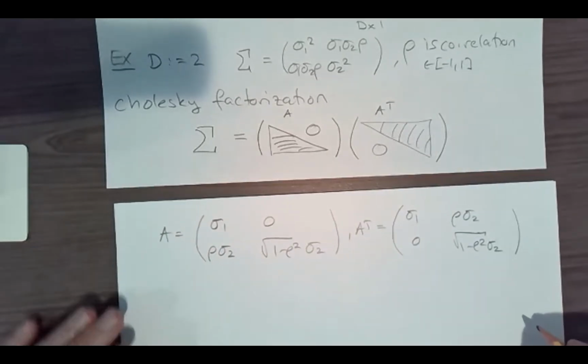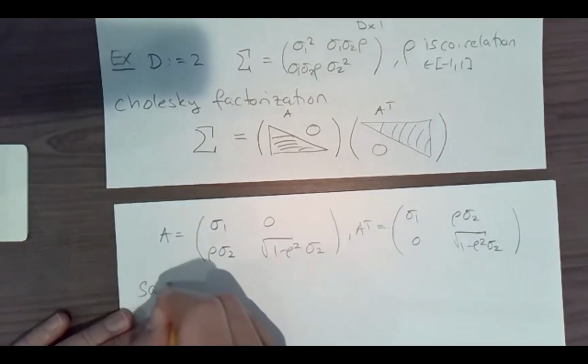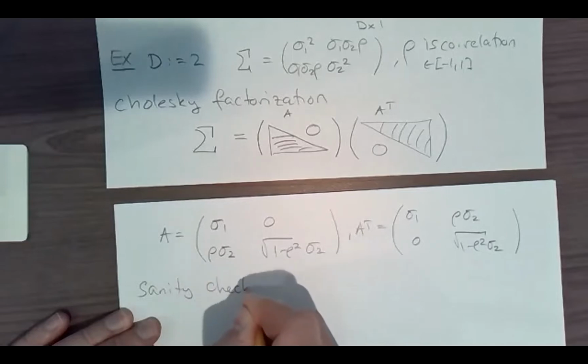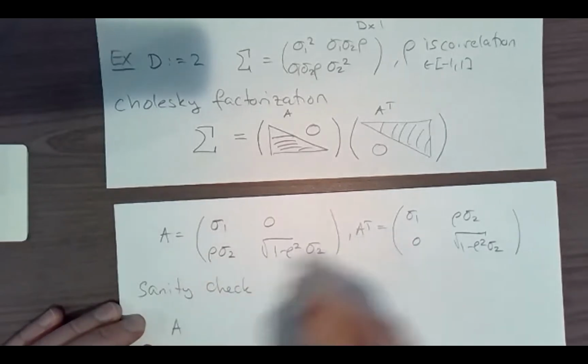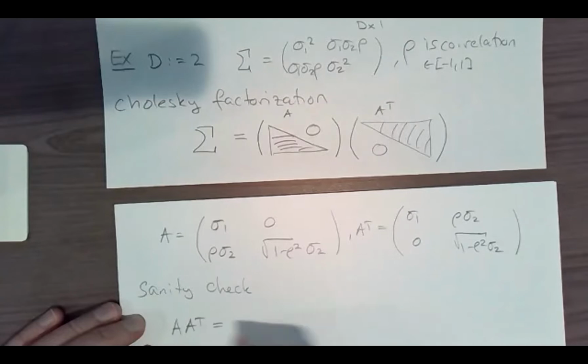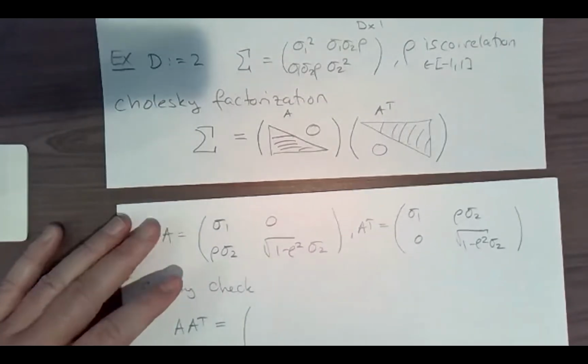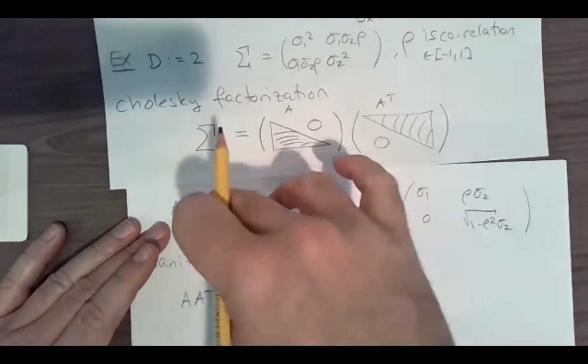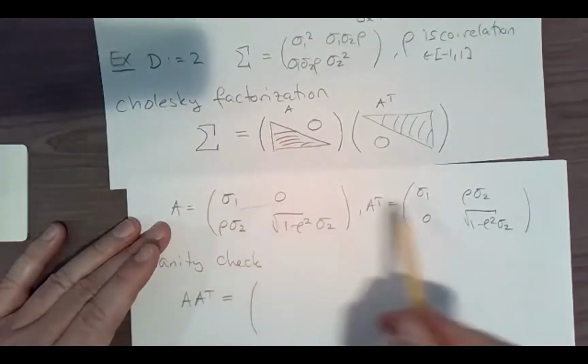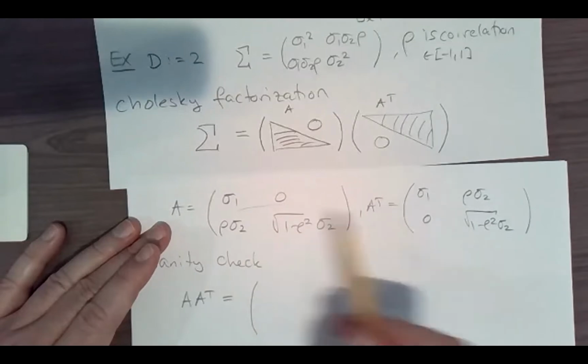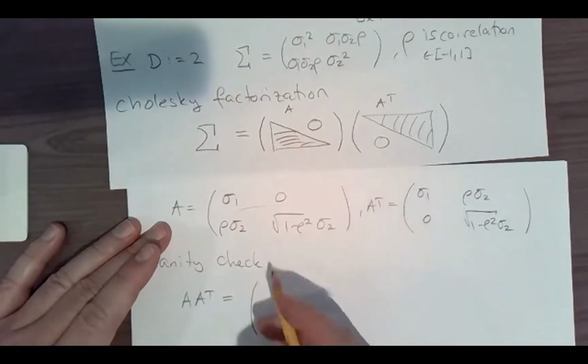So let's just do a sanity check. If I look at A times A transpose, what will I get? I have to multiply two matrices together. I multiply the top row onto the first column, and that's going to be sigma 1 squared.